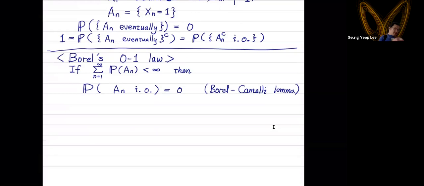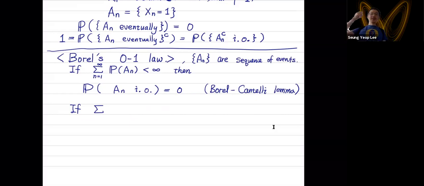And the other case. Here the A_n are just a sequence of events, like A_n is the event that the nth throw is a head, something like that.